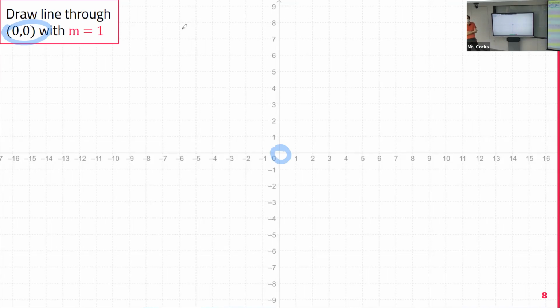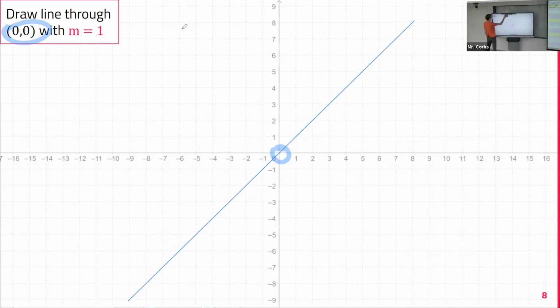This is the slope of 1. It's a line at a 45-degree angle from the x-axis. Yes, that is what we have. So it would look like this.